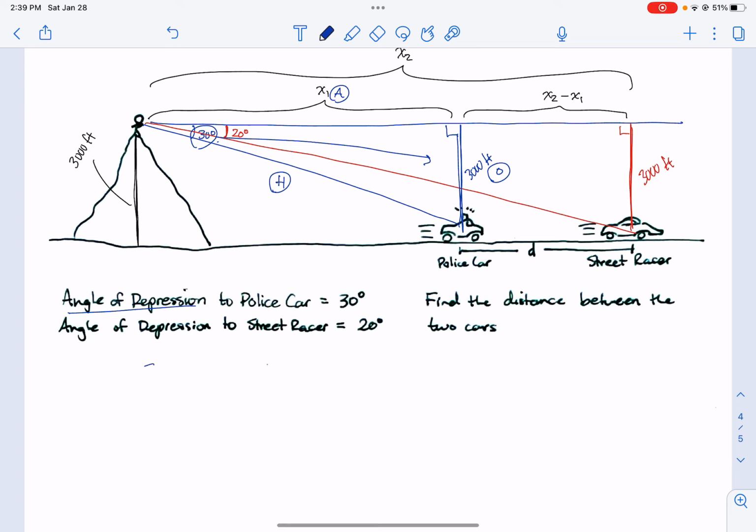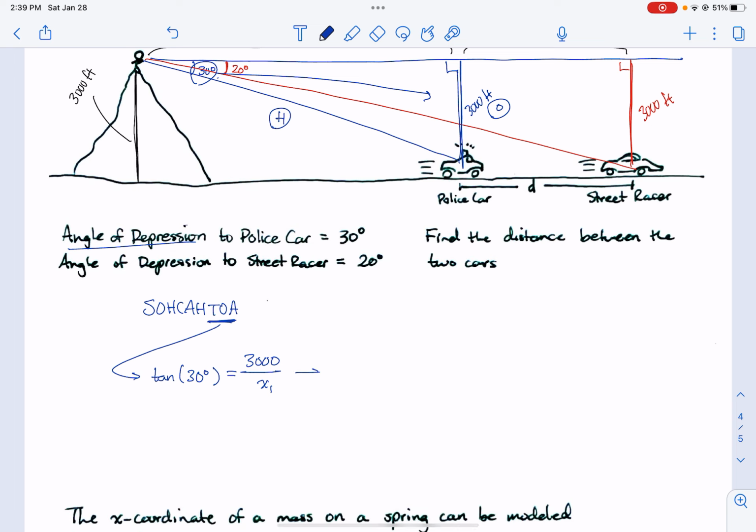As far as SOHCAHTOA is concerned, there's only one possible part that makes sense to use, and that's the TOA. I want an equation that uses my opposite side and my adjacent. So that tells me tangent of 30 degrees equals 3,000 over x1.